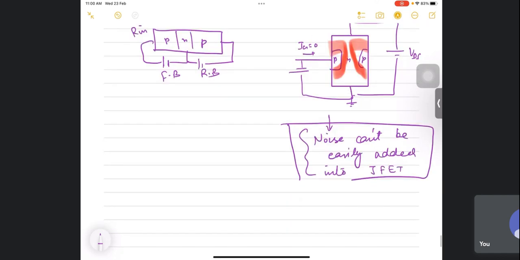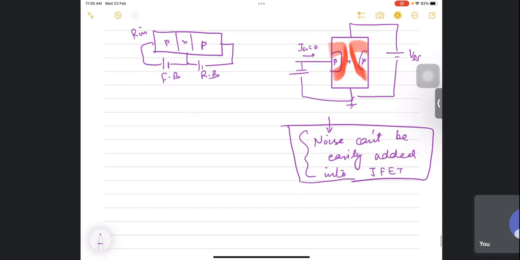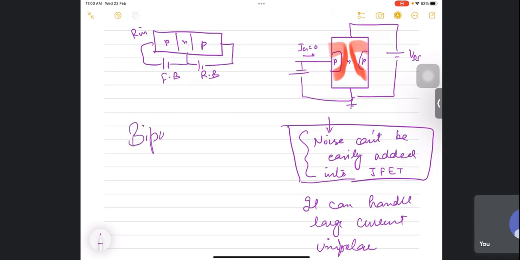It can handle more, it can handle large current. ये यूनिपोलर है ना, और ये बाइपोलर है.